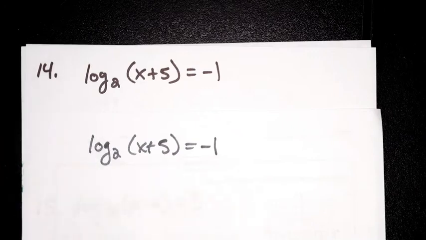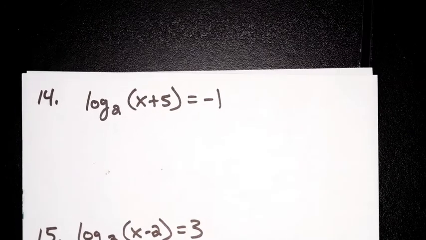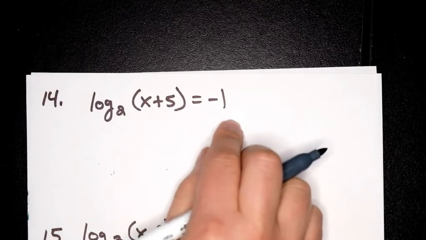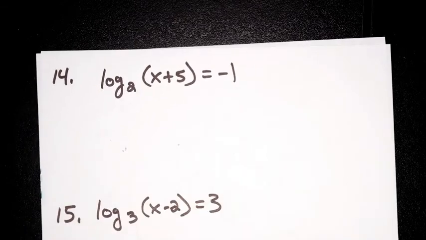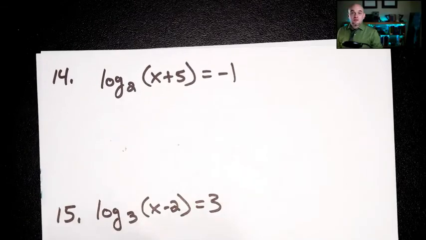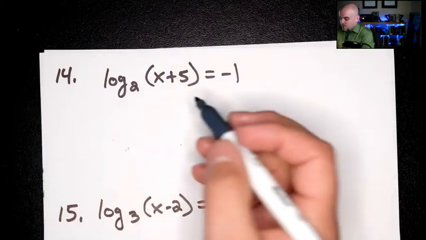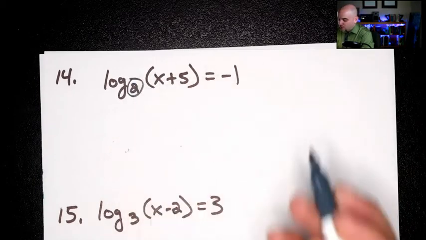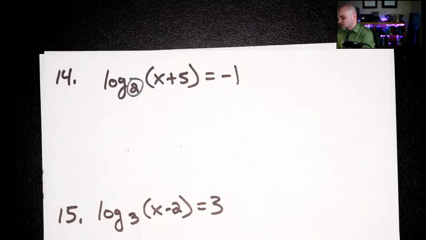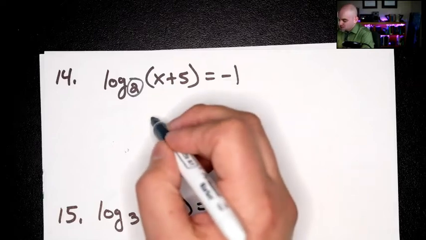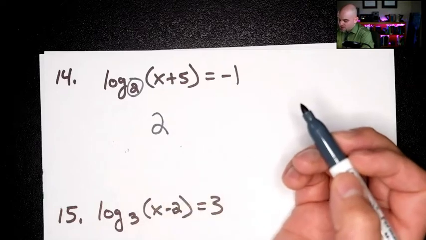So the first way I can show you is this. You got log base 2 of x plus 5 equals negative 1. Now we talked about before putting these things in exponential form, or converting from exponential form to logarithmic form, or the other way around. That's what I'm going to do here. I know that 2, that's my base in the logarithm. I'm going to say 2 is my base in my exponential form.